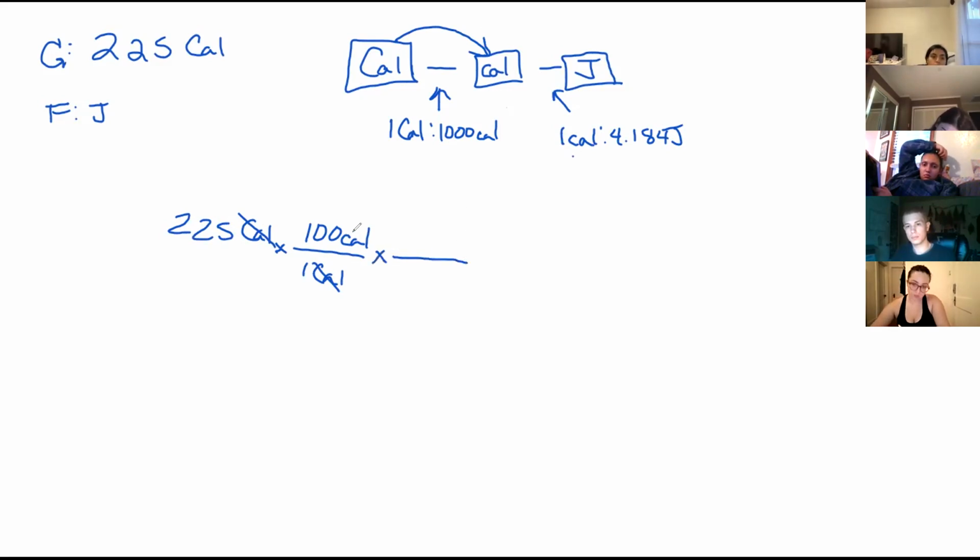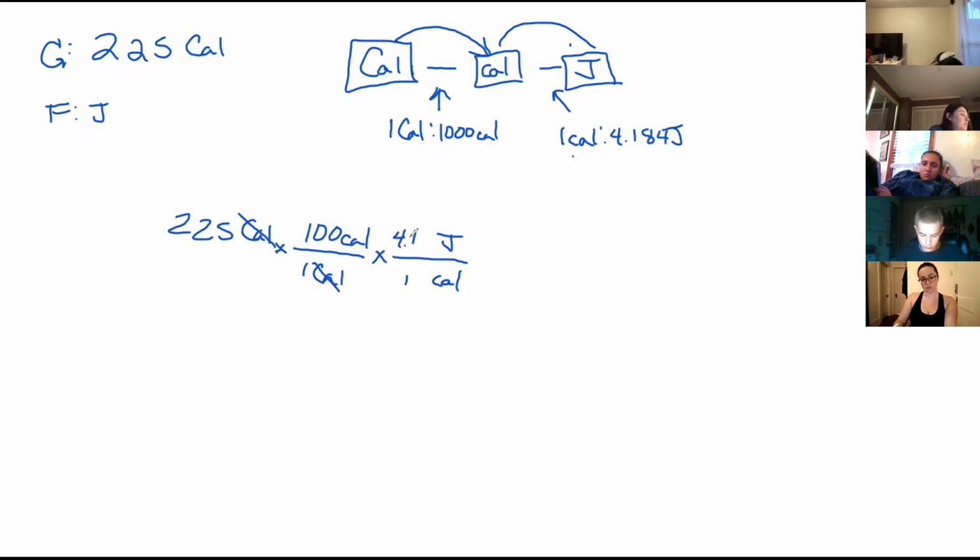Because the little c calorie is on top here, I want to put the little c calorie on the bottom, because in the second step I'm trying to get out of this and into this. We want joule on top, with the appropriate value: one joule... sorry, 4.184 joules for every one little c calorie. The little c calorie will disappear and we'll be left with just the unit of the joule. Then I let the dimensional analysis tell me what to do.